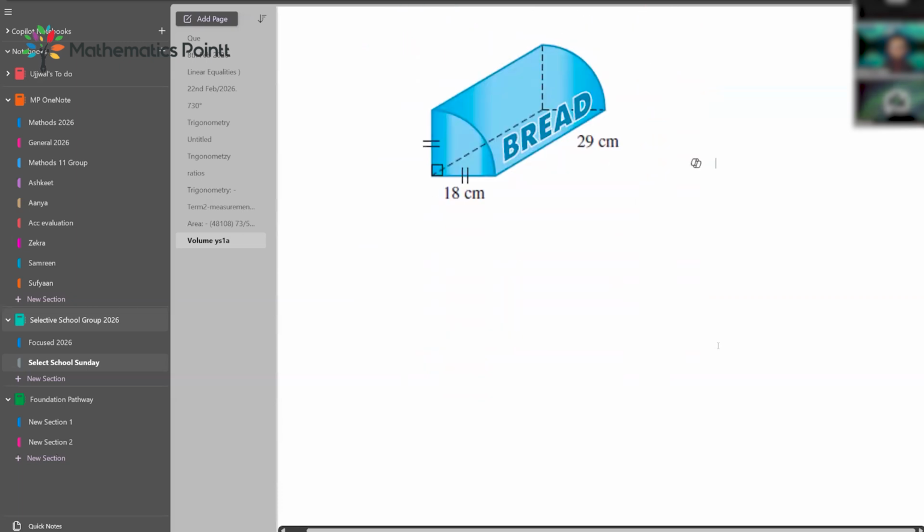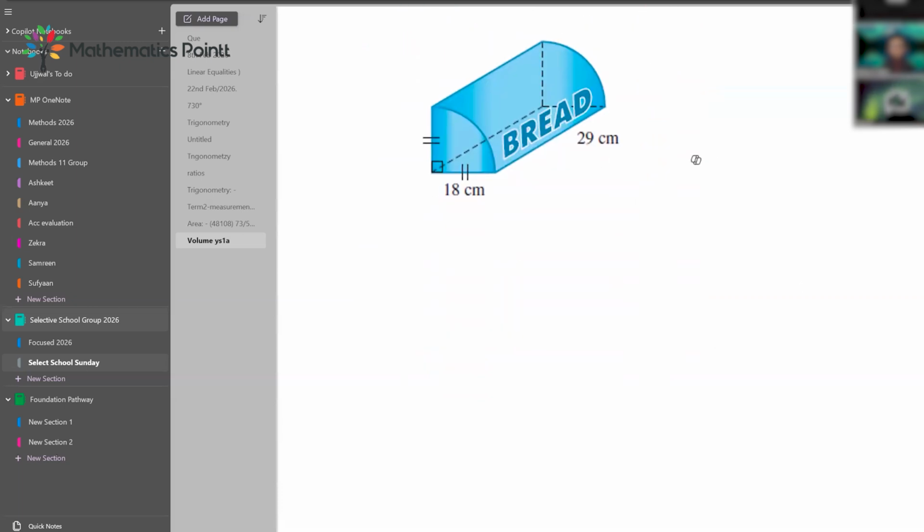This is like the loaf of a bread, and I need to find the volume of this figure. Go for it, please.